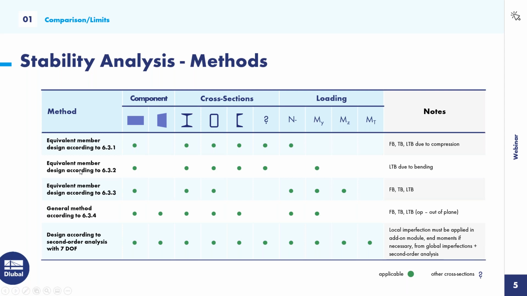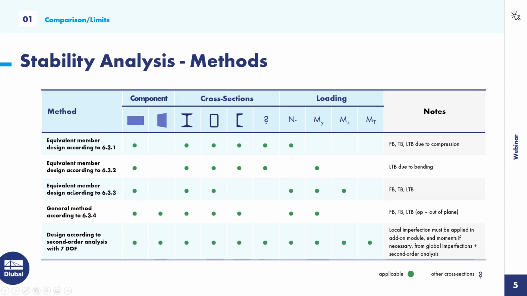Okay, second line, equivalent member design according to 6.3.2, uniform members in bending. The components must be uniform as well. It's valid for all cross sections, but the load can only be bending about the principal axis.